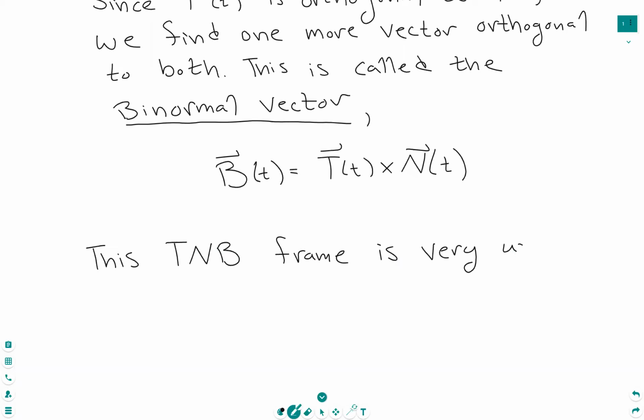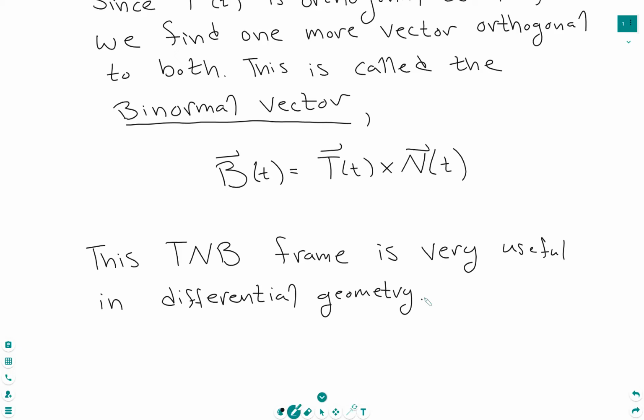This is very useful in differential geometry. So you might be asking, what's one example where this TNB frame might be useful?